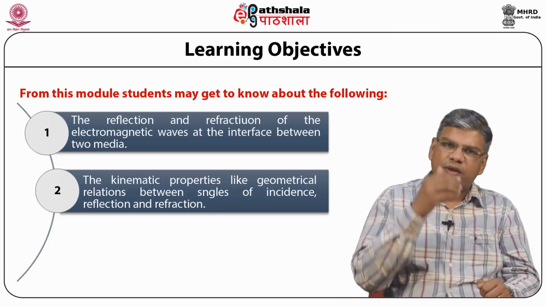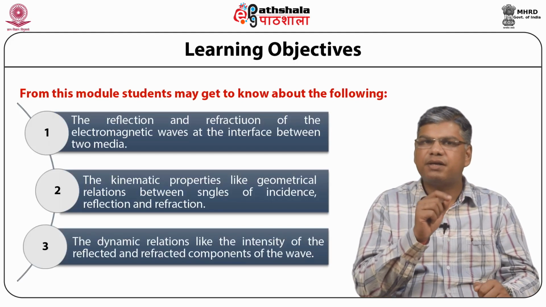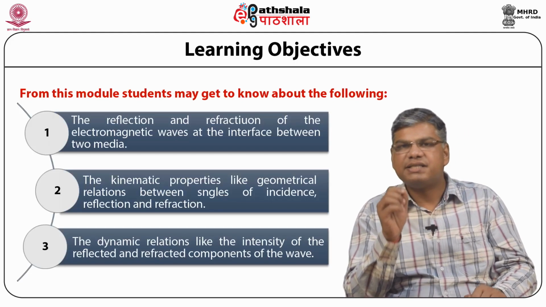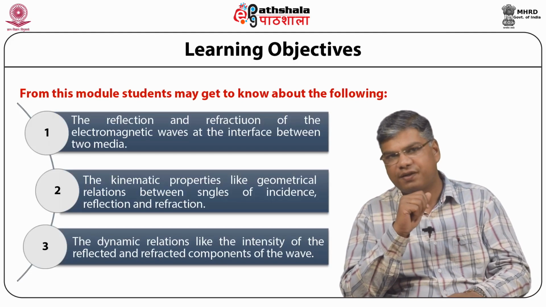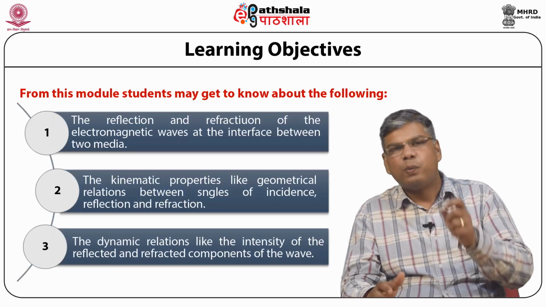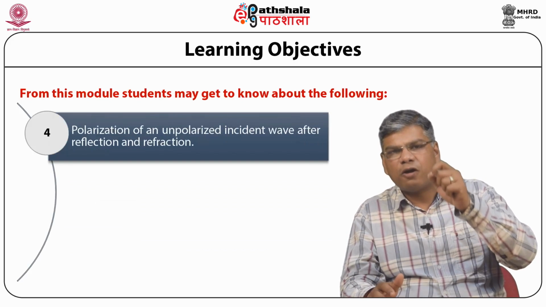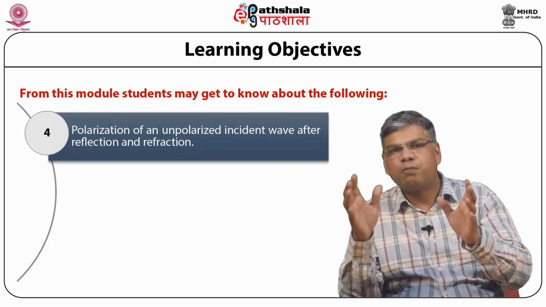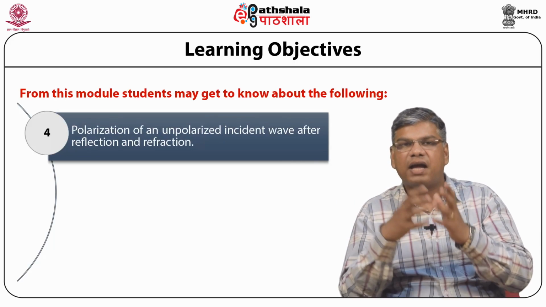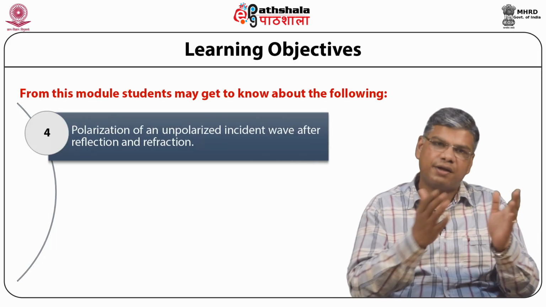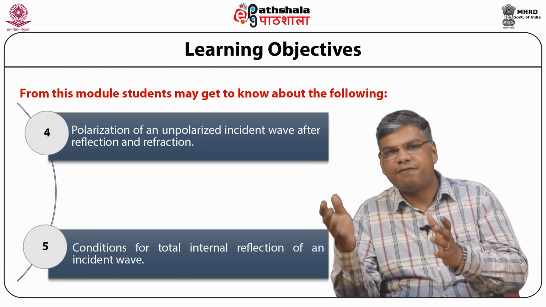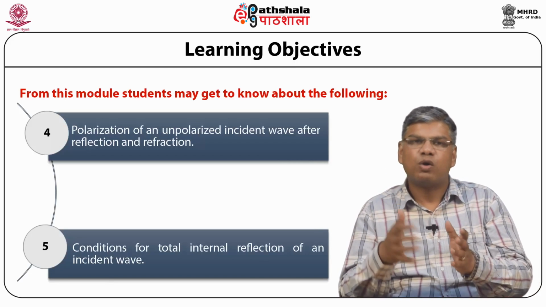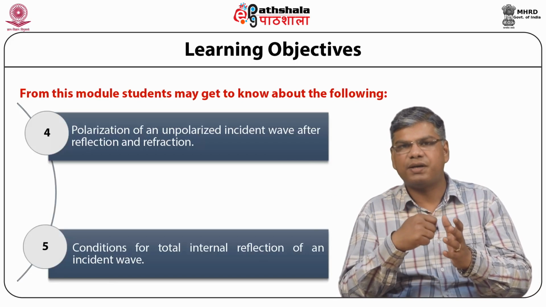After that, we'll move on to the dynamic relations, like the intensity of the reflected and refracted components of the wave. After that, we'll discuss the polarization of an unpolarized incident wave after reflection and refraction. Conditions for total internal reflection of an incident wave would then be discussed subsequently.